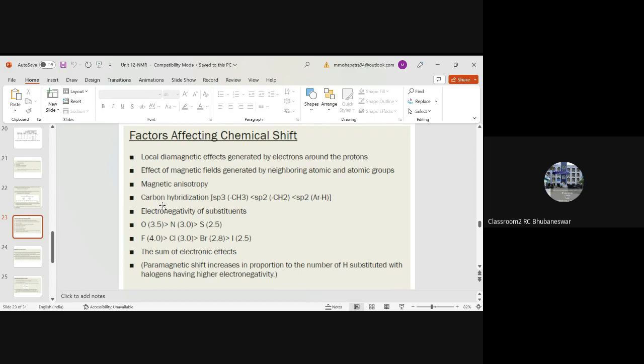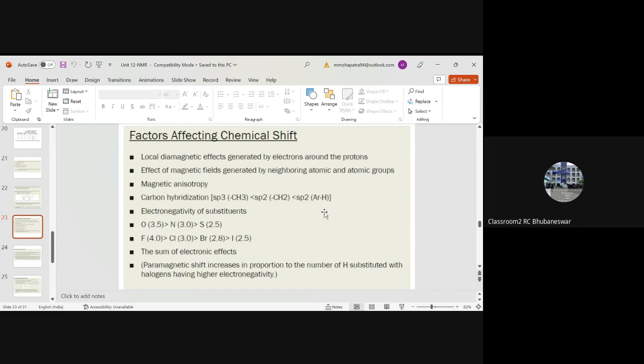Then magnetic anisotropy, which we will see, and carbon hybridization: if it changes, your chemical shift positions are also different according to the hybridization. And electronegativity of the substituents, like the way we discussed in fluorescence spectroscopy, if you remember, when increasing the conjugation your spectrum shifted towards the longer wavelength region.